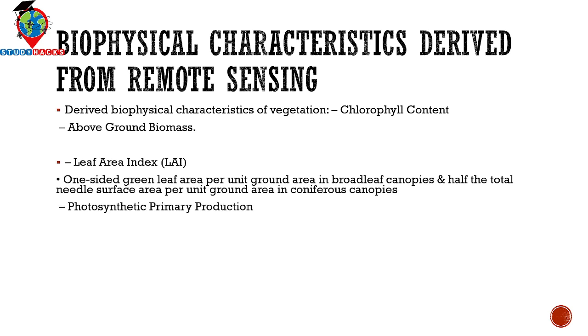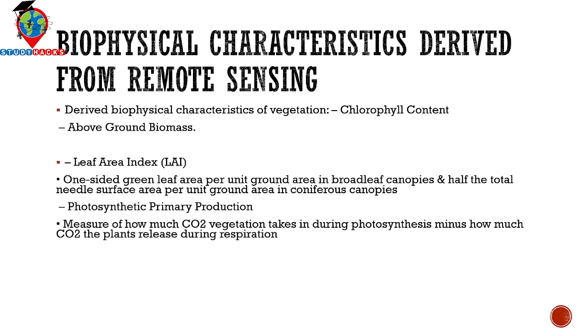And photosynthetic primary production is very important. It is a measure of how much carbon dioxide vegetation takes in during photosynthesis minus how much carbon dioxide the plants release during respiration. We can also monitor this using the remote sensing technique and measure how much carbon dioxide vegetation takes in during photosynthesis. So we can easily do it.